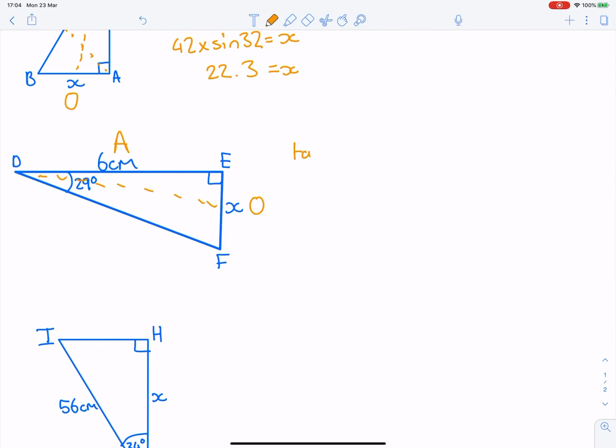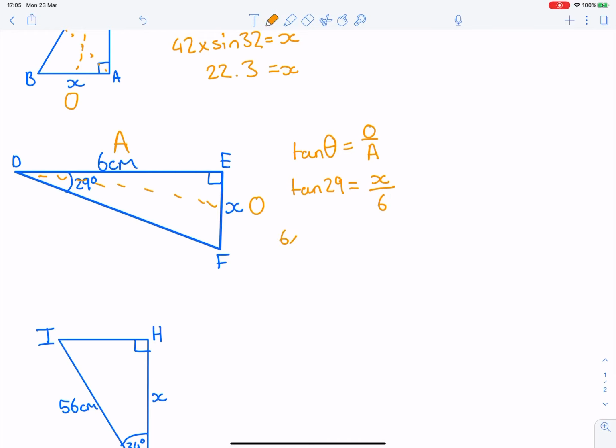So we're going to write down the formula. Tan theta equals O over A. We're then going to put the numbers in. Theta is the angle, so tan 29 equals the opposite, which is x, divided by the adjacent, which is 6. Again, times both sides by 6, or the divided by 6 becomes a times by 6 when it moves to the other side.